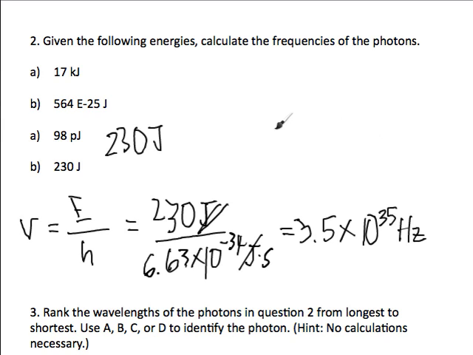And I'll just write right here, hertz equals 1 over seconds, or often you'll see it as s to the minus 1. So let's move on to problem number 3.